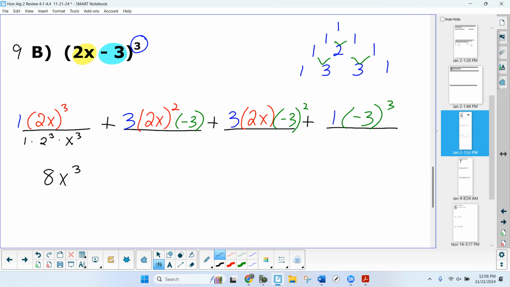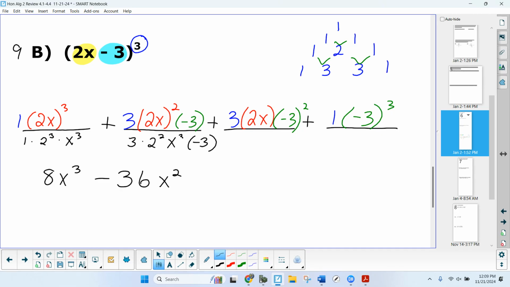Now, what do you have here? 3 times 2 squared times x squared times -3. So yes, you're right. You're going to do 3 times 2 squared, which is 4, times -3. And what do you guys get there? Not -30. 36. Yes, you do. -36x squared.